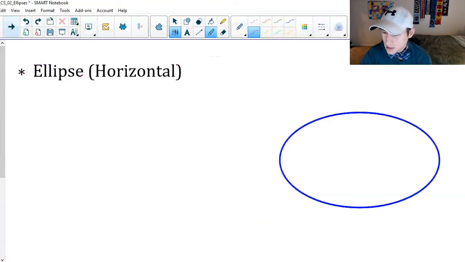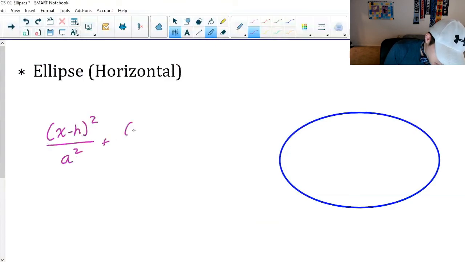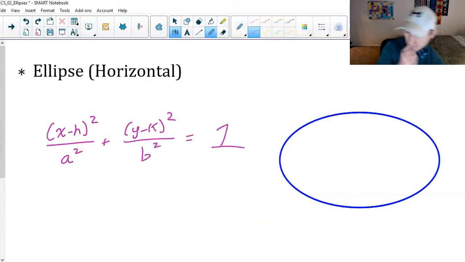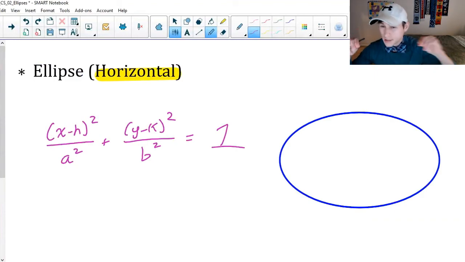Two types of ellipses that we can have. So the first up is a horizontal ellipse, right? Which means it's a little more flat horizontally.